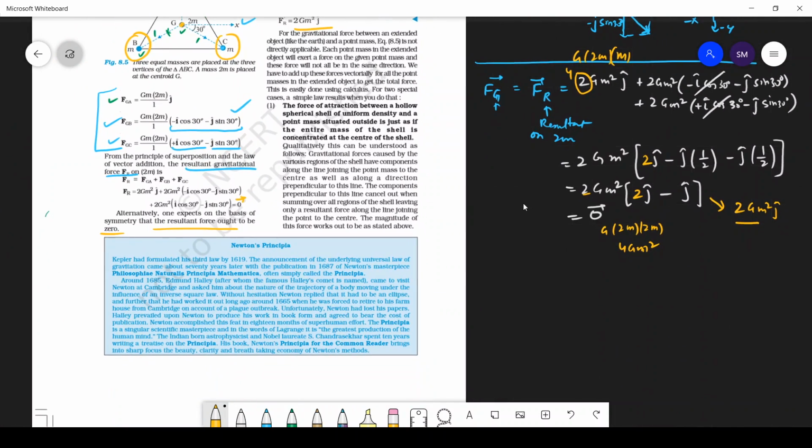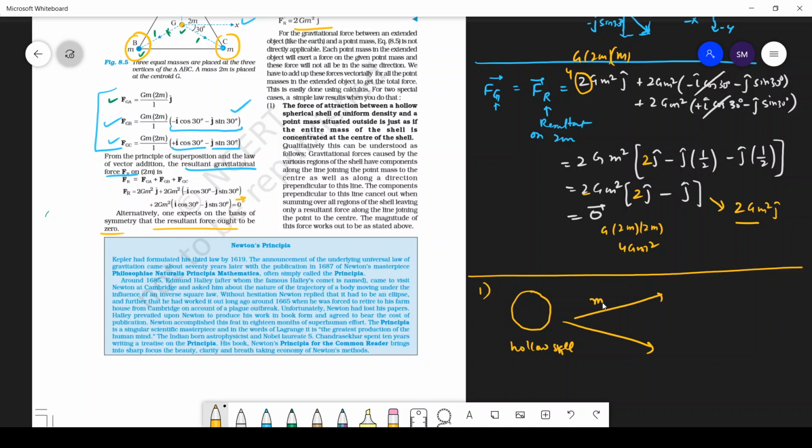Now we have studied the gravitational force between the point masses, but what if instead of point mass you have an extended body? Especially we are discussing here case of hollow shells. So for a hollow shell we have two possibilities.